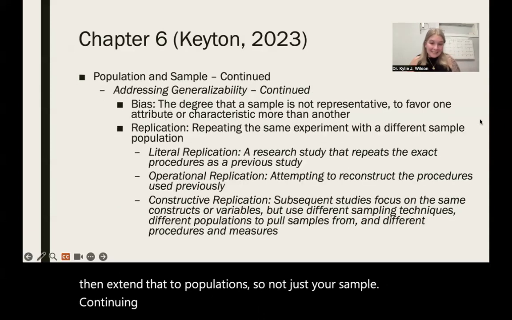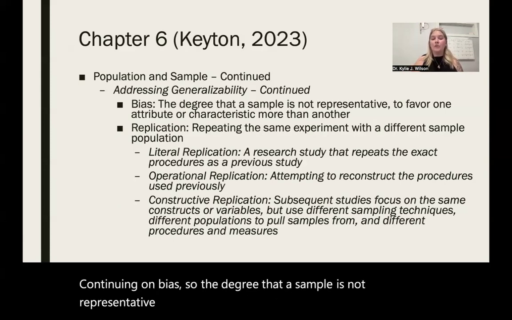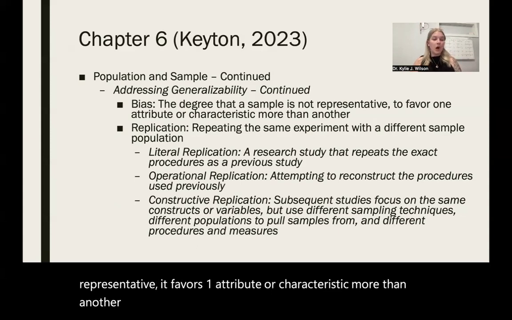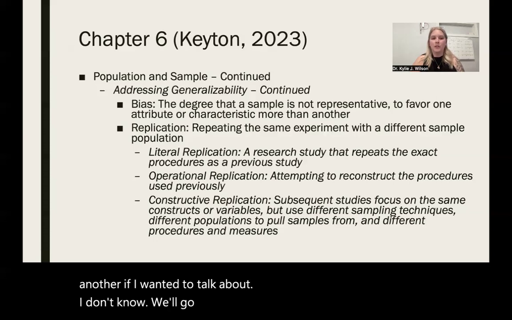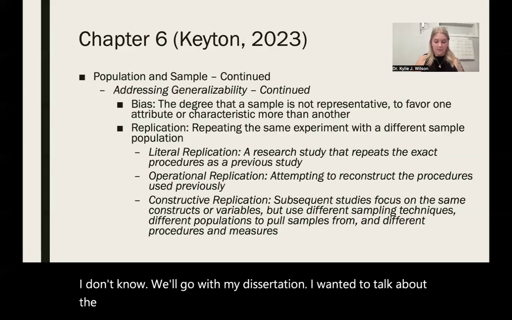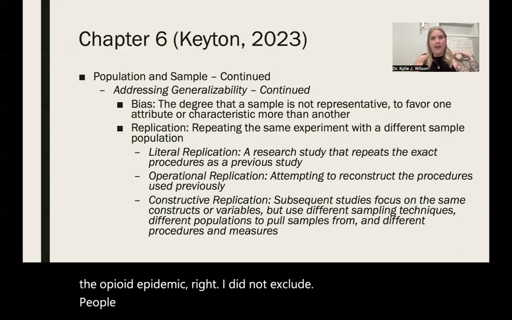Continuing on, bias. So the degree that a sample is not representative, it favors one attribute or characteristic more than another. If I wanted to talk about, we'll go with my dissertation, I wanted to talk about the opioid epidemic, right? I did not exclude people who had been addicted to opiates in the past.